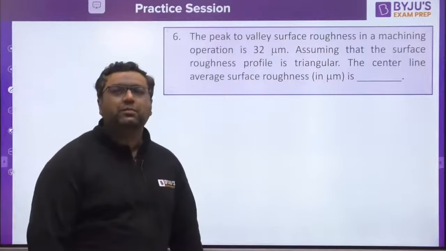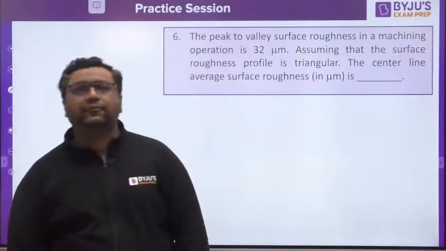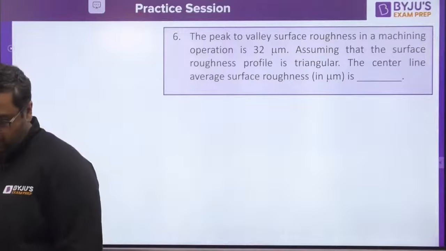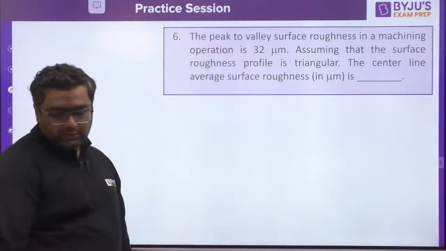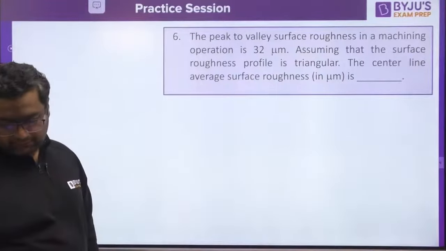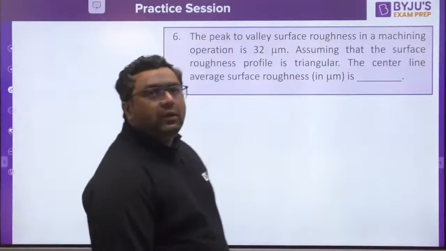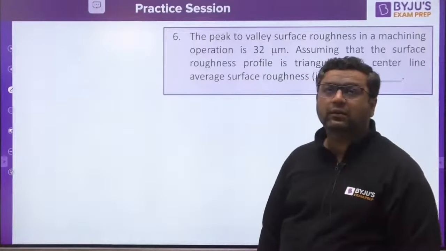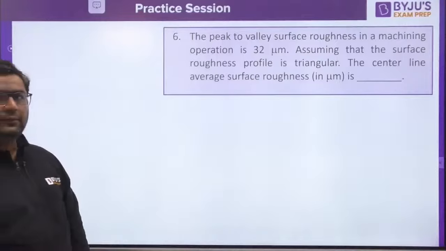Now 2 sessions, Monday and Wednesday, will be from machine design. Solve it, guys. Rohan is saying 8. Ankit is saying 8. Very good. What about others?